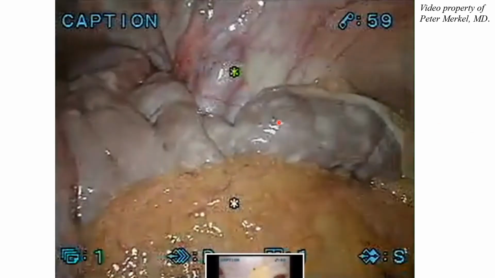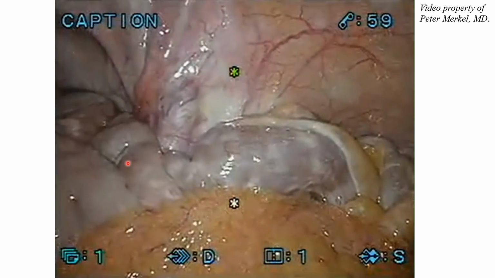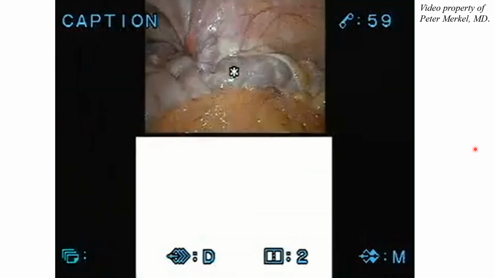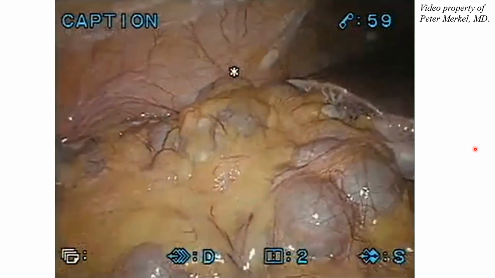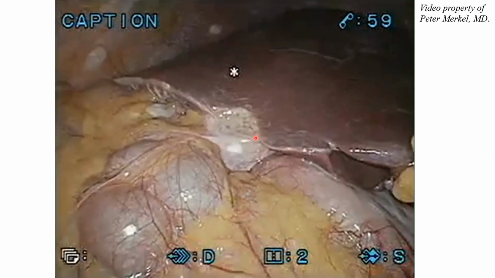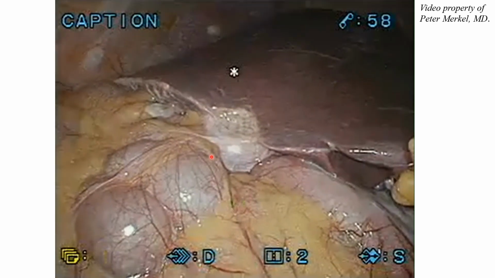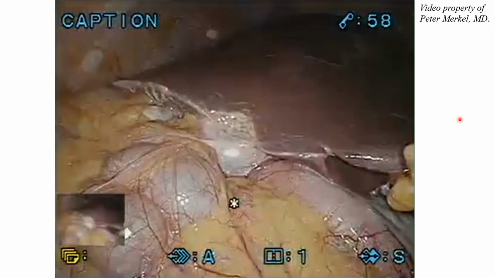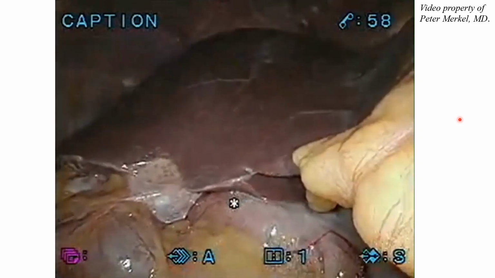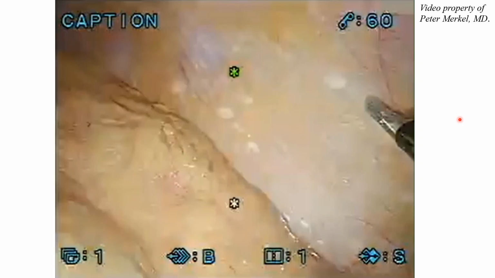Here again, we can see the serosa with various plaques scattering it. This view shows the liver, and as can be seen here, there is a plaque present. It is therefore important to visualize the liver and capsule and evaluate for any lesions there as well.